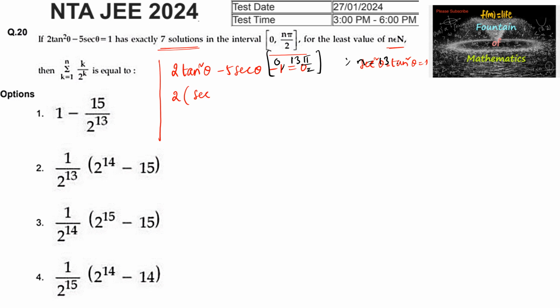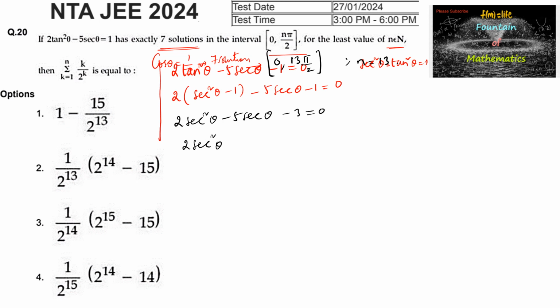So tan square theta we can write as secant square theta minus 1: 2 secant square theta minus 2 minus 5 secant theta minus 1 is equal to 0. So we can simplify: 2 secant square theta minus 5 secant theta minus 3 is equal to 0.